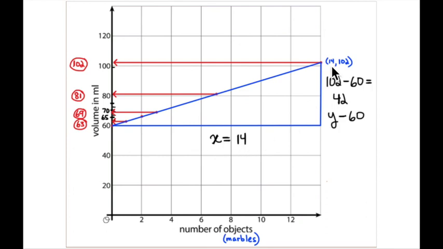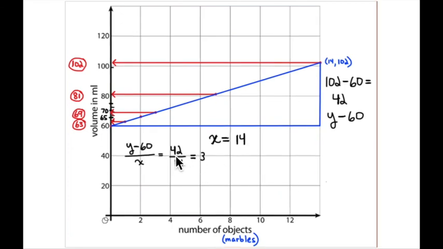So for 14 marbles, there's a change in volume of 42 milliliters. So the general term, using the x's and the y's, for y minus 60 compared to x, that is a change of 42 divided by 14. So what's 42 divided by 14?